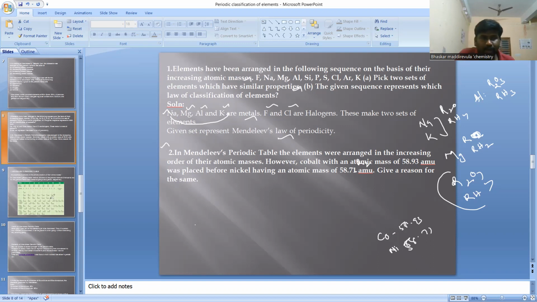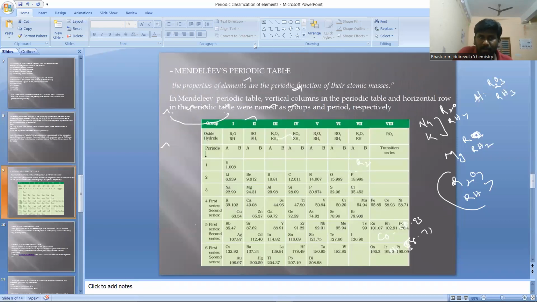When you see Mendeleev's periodic table, cobalt is placed before nickel though its atomic mass is higher. Why?